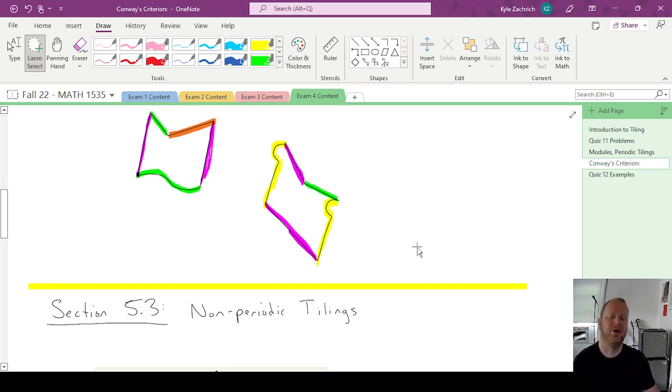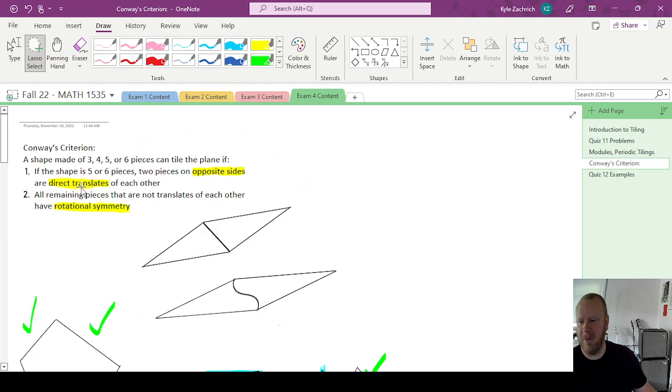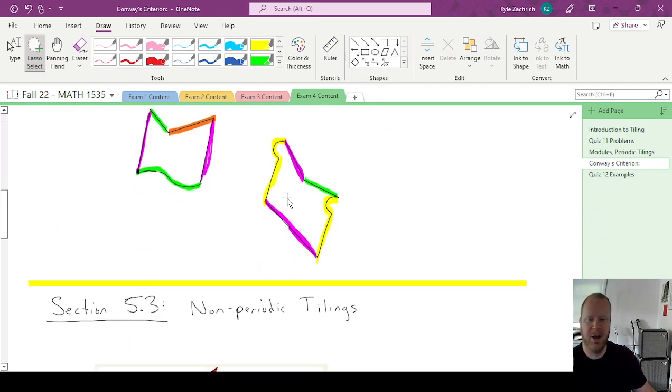So for that reason, all the remaining pieces that are not translates of each other have rotational symmetry. So we don't need to worry about these two pieces that were translates of each other on opposite sides. Those don't count for needing rotational symmetry, but everything else does.